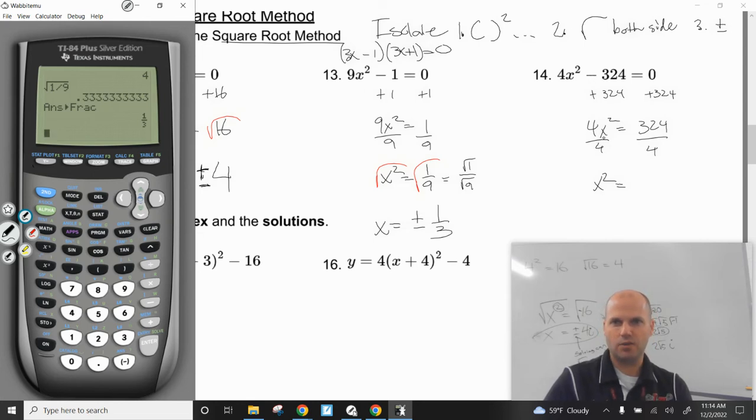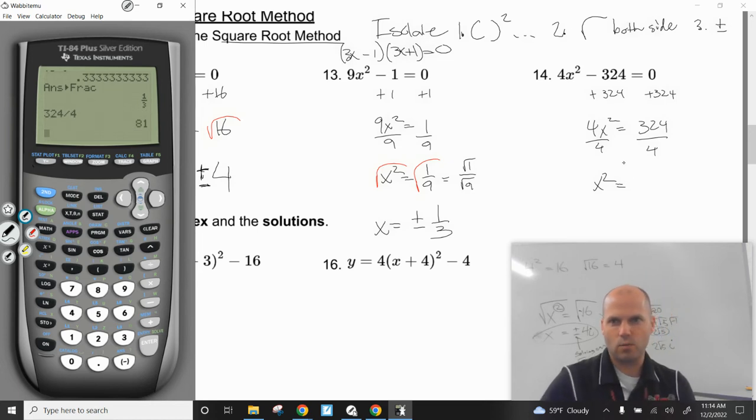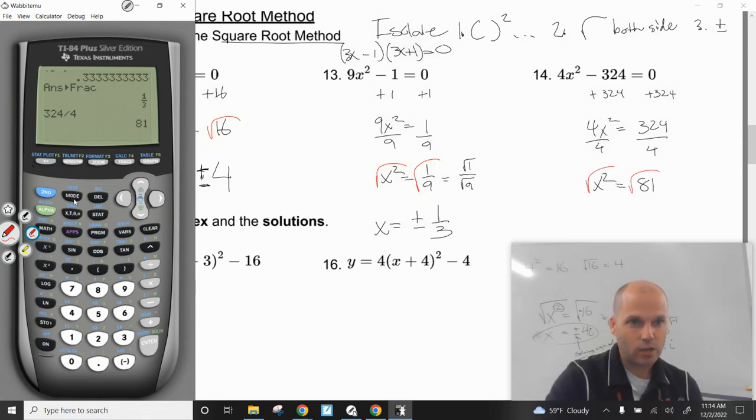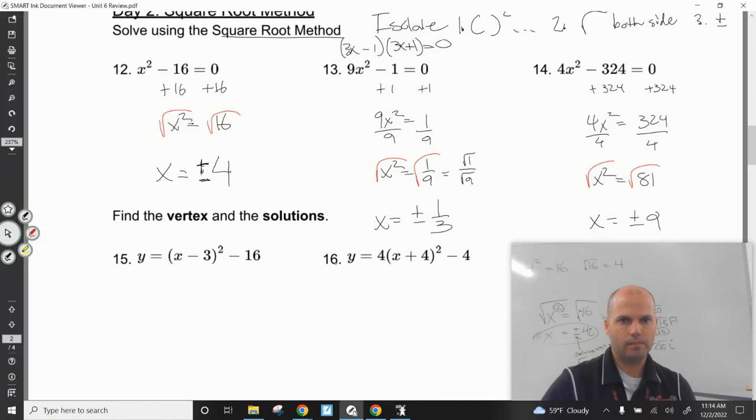I divided to undo the multiplication. 324 divided by 4 is 81. Can I take the square root of 81? I can. If I couldn't, I would look to simplify. Okay, I get 9. That's the square root of 81. But we get plus or minus 9. All right.